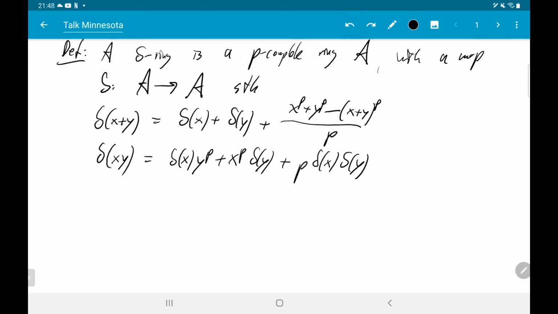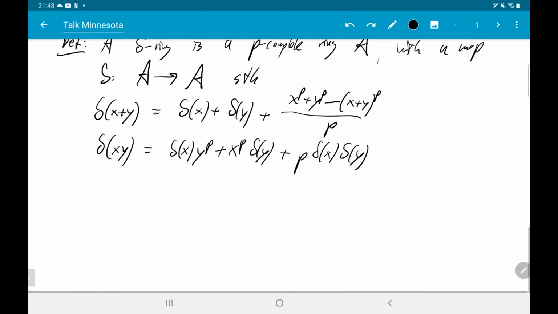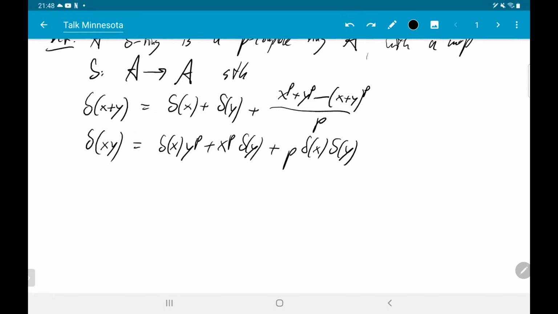This looks really weird, but there's actually a reason for why we're asking exactly for this. Namely, these rules are chosen exactly so that if you define a map phi on A as phi of x equals x to the p plus p times delta x, then this is a ring homomorphism.